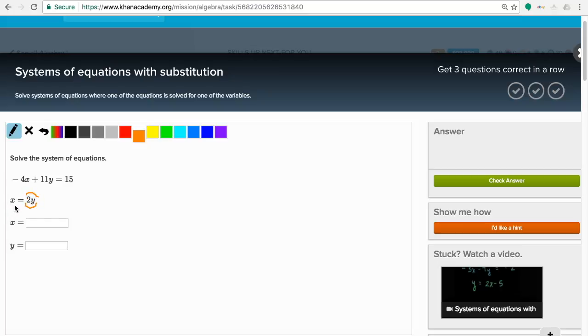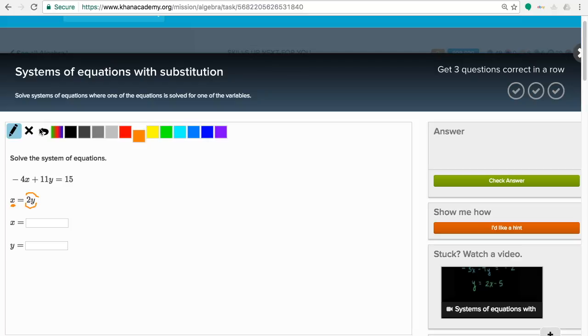So in this case, the problem's kind of a giveaway on this one. We've got an x completely by itself in this equation, and then we've got a more usual looking complicated equation over here.